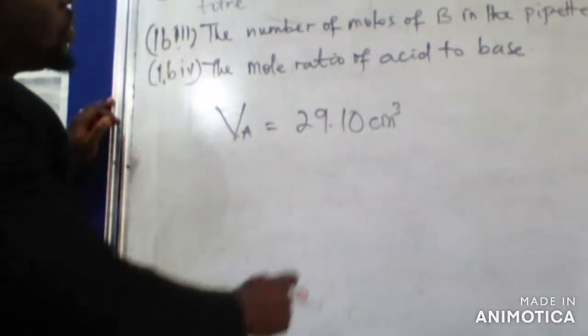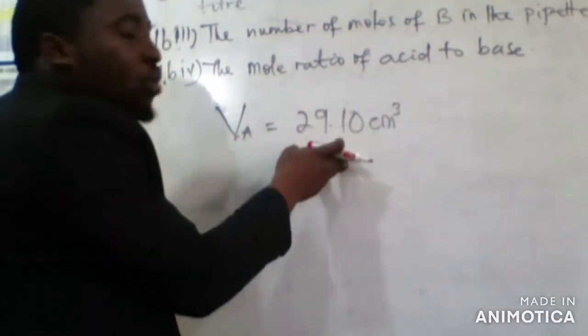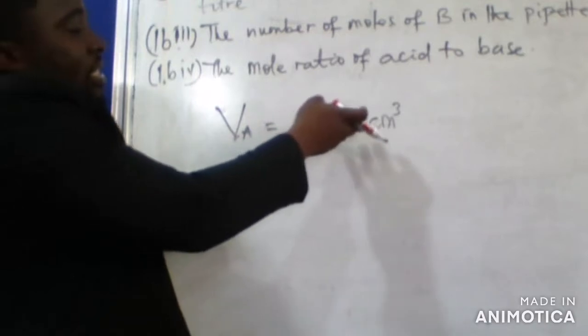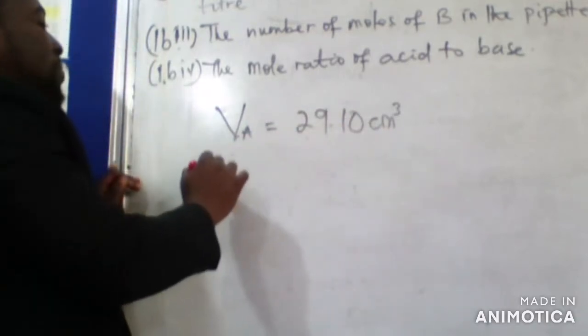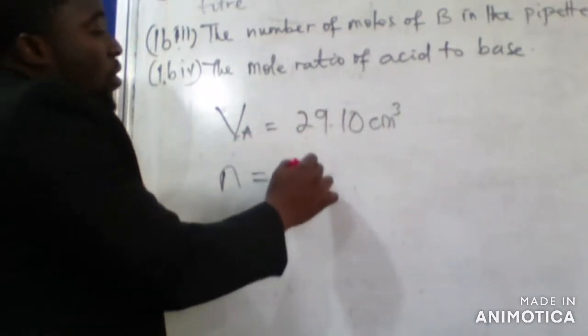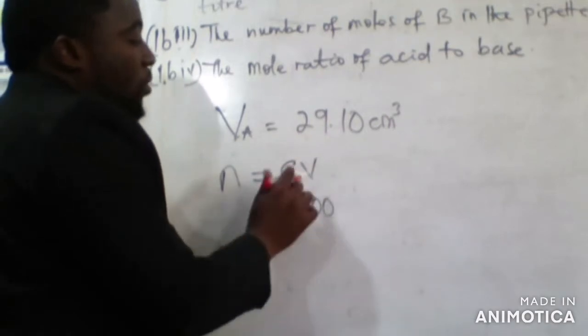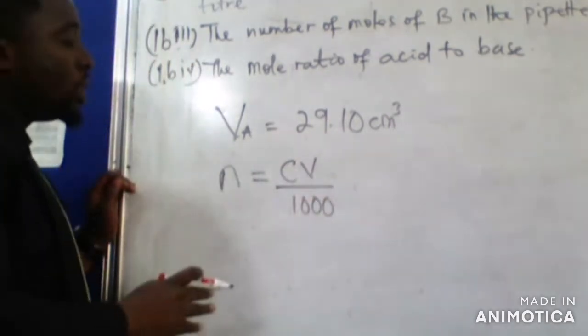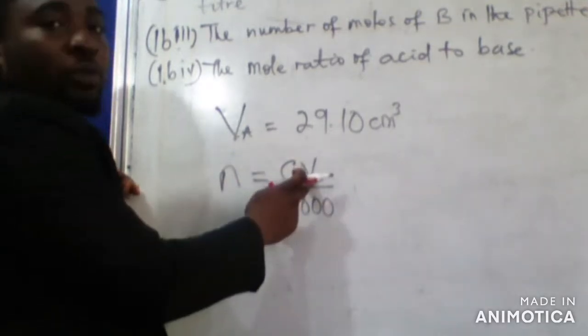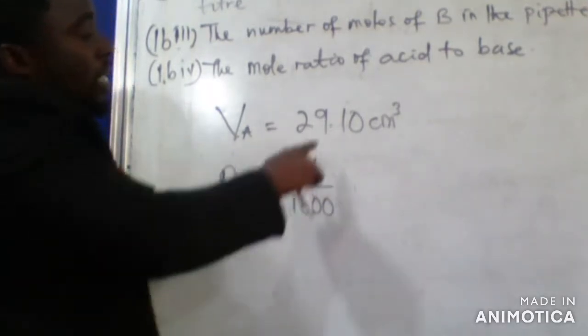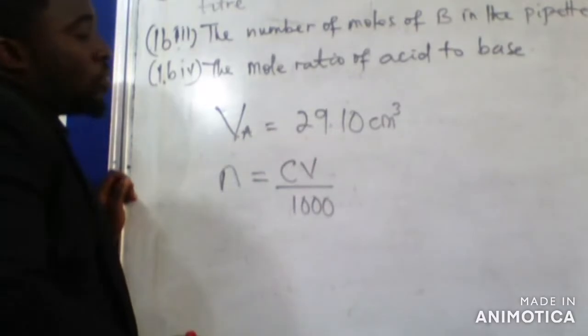If I am asked to find the number of moles of acid in this average volume, I will simply employ the formula n is equal to CV over 1000. And the volume in this equation represents the average volume that we have here.